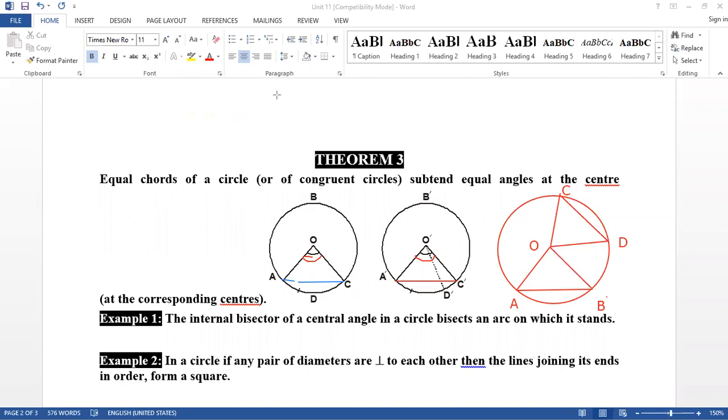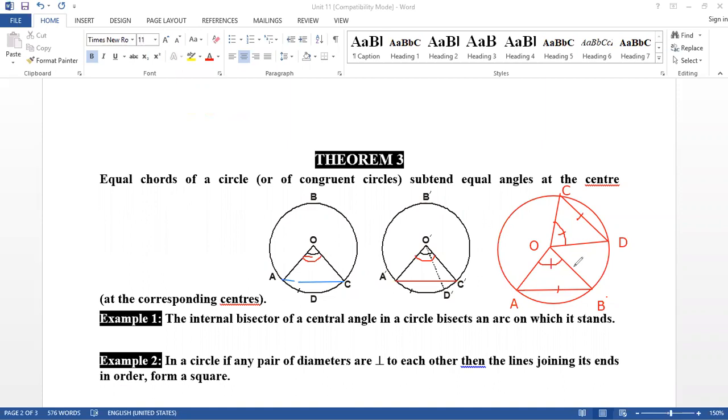So the statement in fact says that if we have the same circle and in the same circle we have two equal chords, like chord AB is equal to chord CD, then these two equal chords will make equal central angles.